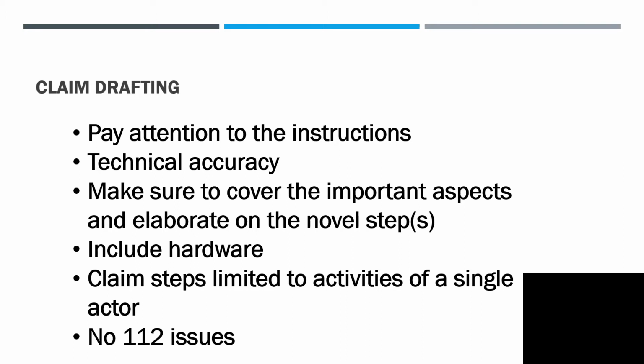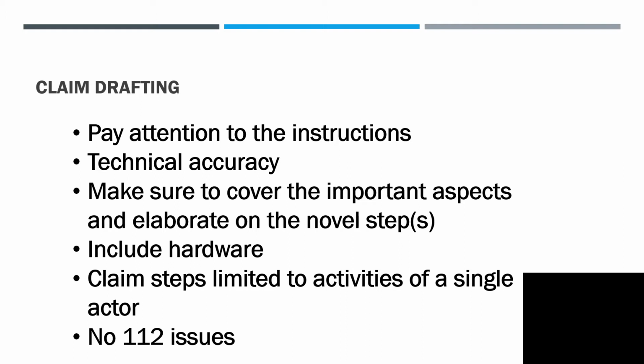So one of the important things is to make sure that you are paying attention to the instructions. The instructions for the writing sample test at our firm specifically indicate that you are to prepare a method claim of moderate scope, and a single one at that.